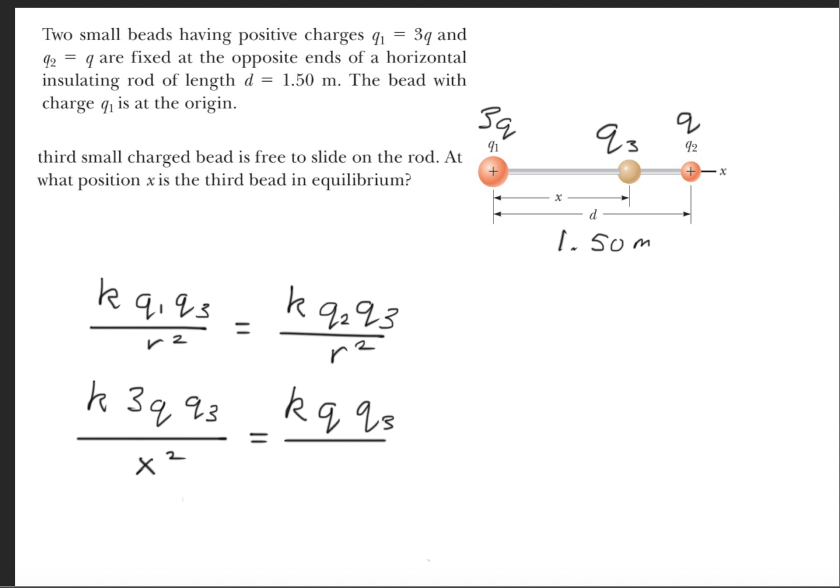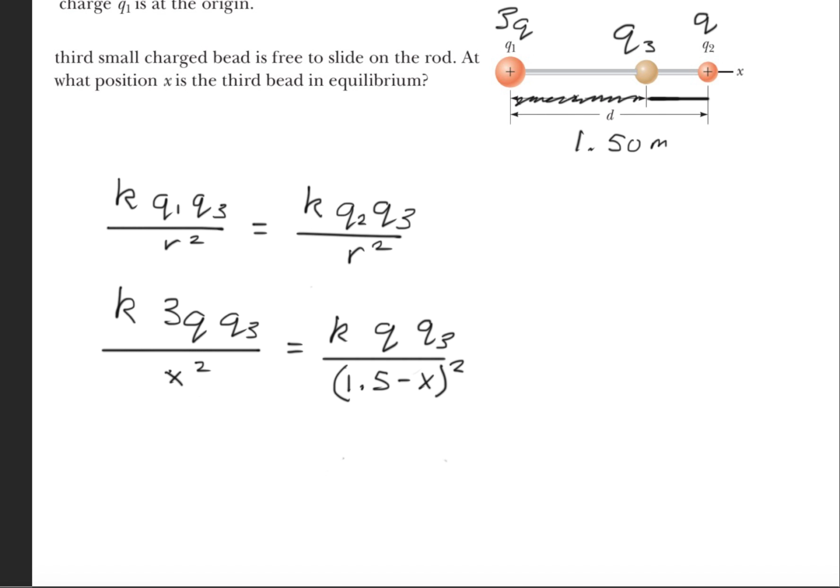The separation distance, on the other hand, is this right over here. To find that separation distance, we have to subtract out this part right here. So we could do 1.5 minus X, and we'll square that value.